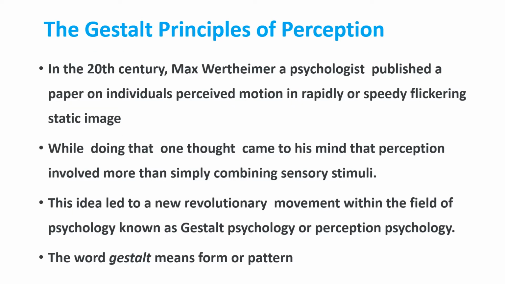Next, the Gestalt principles of perception. There are some principles we can see while studying perception. Among them, the first is the Gestalt principles of perception. In the 20th century, Max Wertheimer, a psychologist, published a paper on perceived motion in rapidly flickering static images.